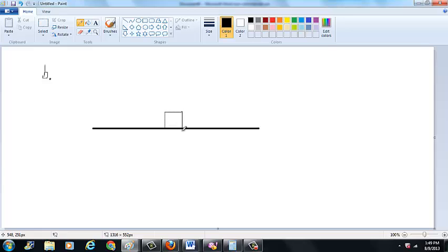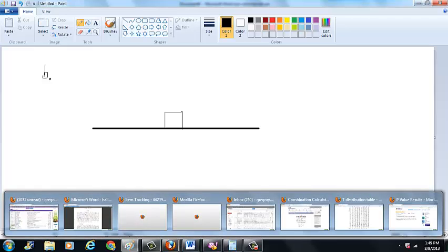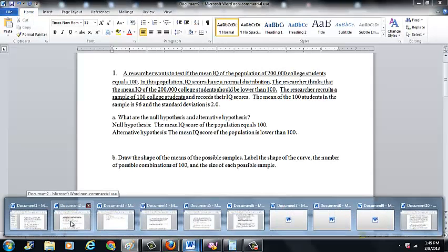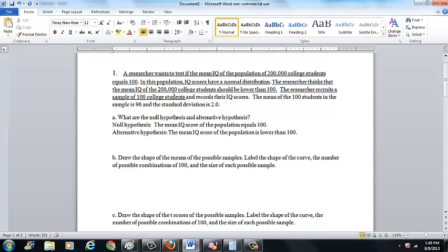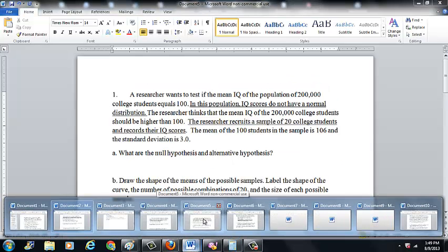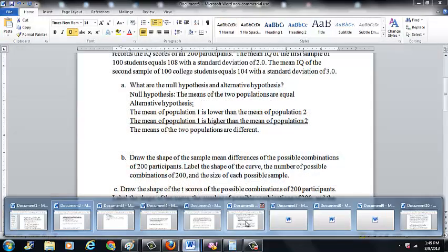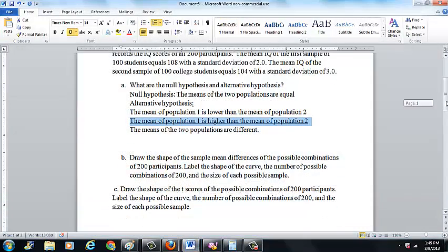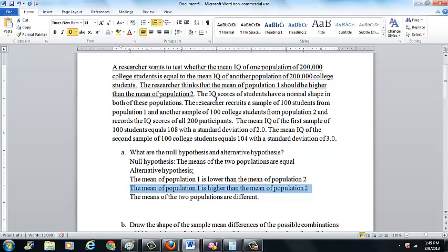Well, first of all, let's see if we know what the shape will be. This says that in this question, the IQ scores have a normal shape in both populations.